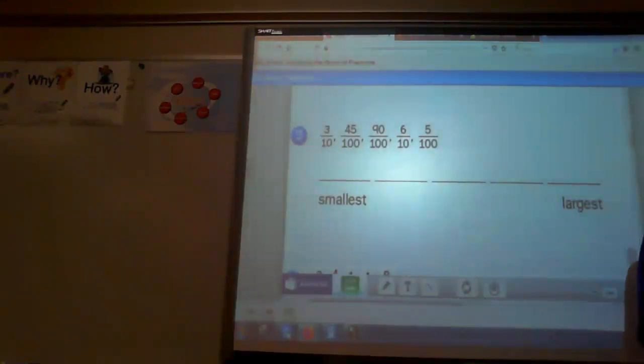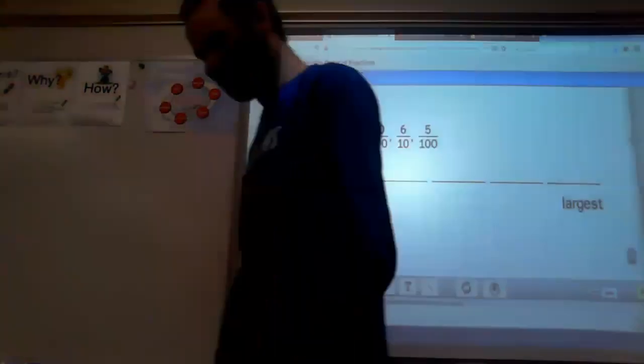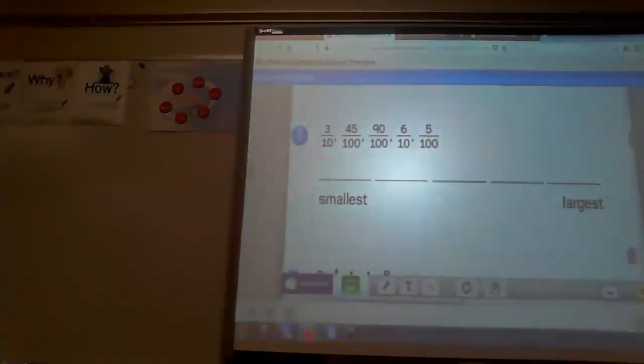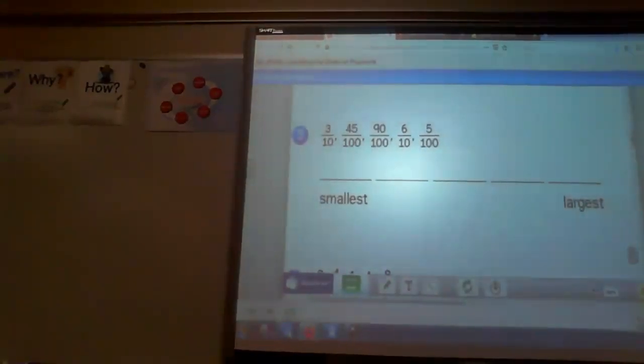Does anyone have an idea what we could do to make things easier? Okay, so first off, I guess maybe I should ask another question. What makes this a little challenging? Talk with your partner. Well, because there's double, triple digit numbers, in the denominator and the numerator.